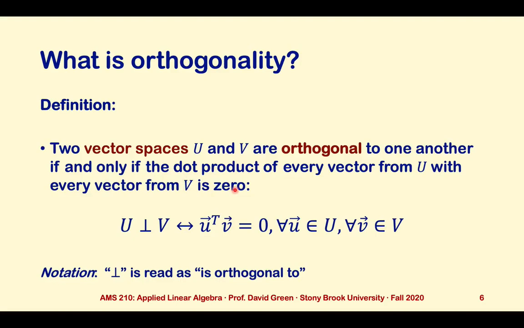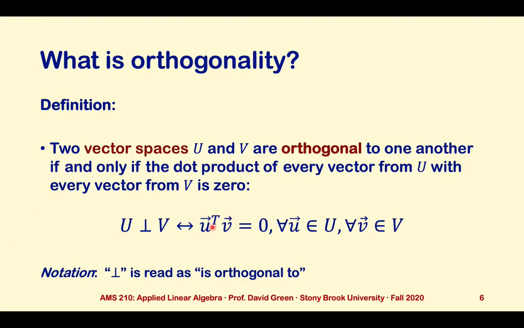In other words, every vector from U has to be orthogonal to every vector in V. We might write this in mathematical notation. U is orthogonal to V. This kind of upside down T is the notation that we read as is orthogonal to.